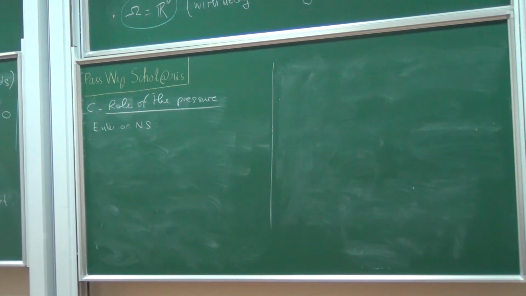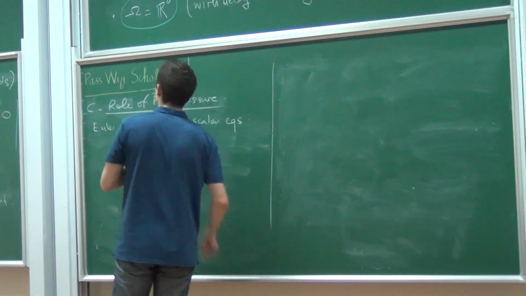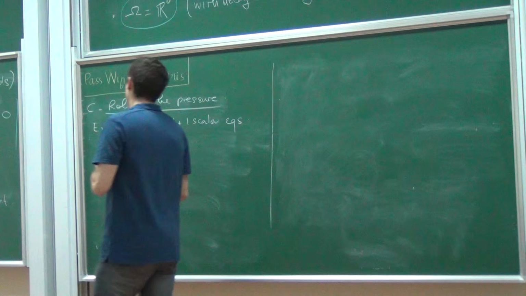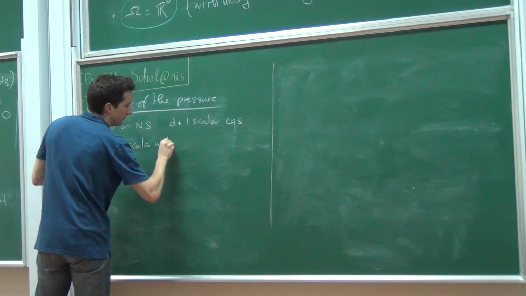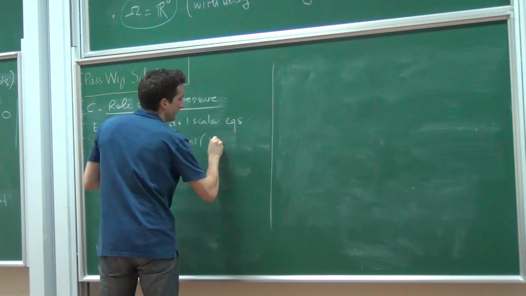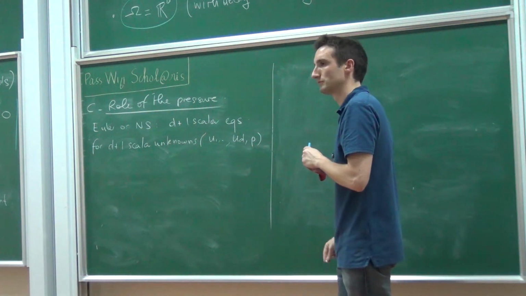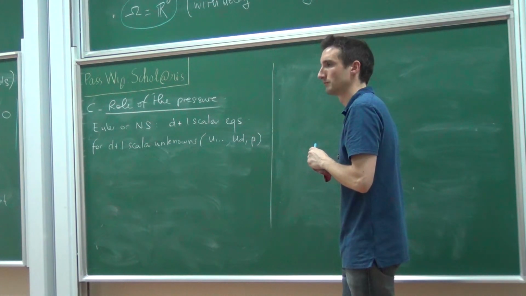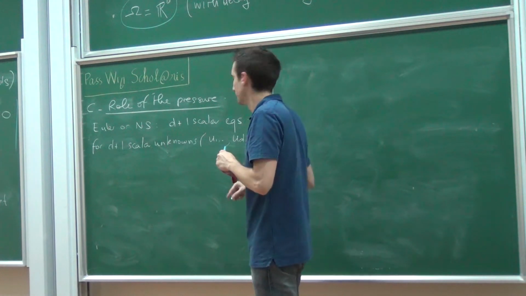If we think about scalar PDEs, u has d components, that's d equations, and you have another scalar equation there, so that's d plus 1 scalar equations for d plus 1 scalar unknowns: u1, ..., ud, and p.